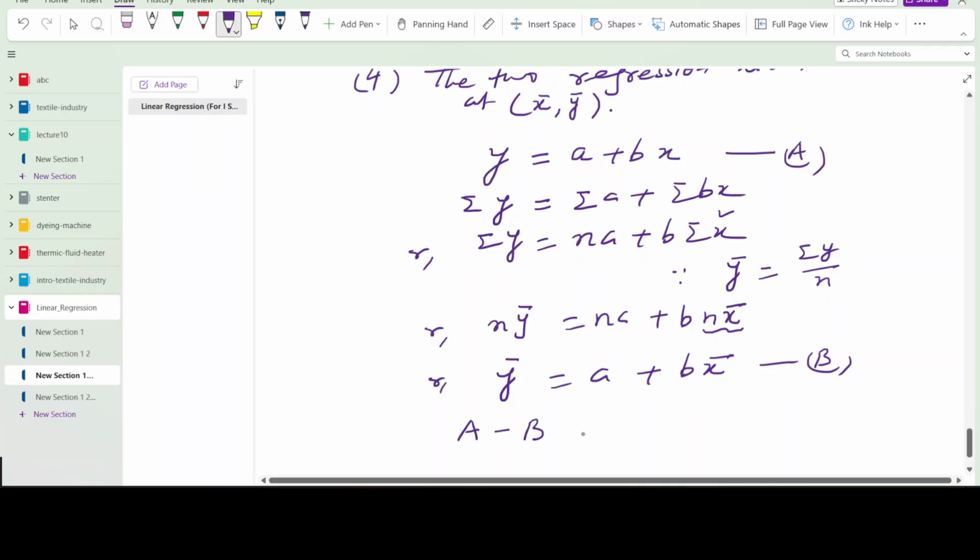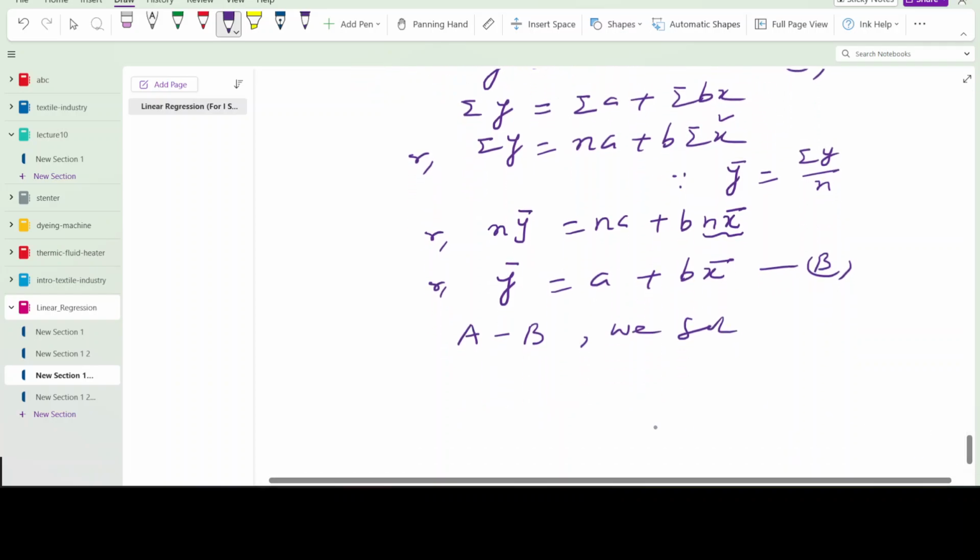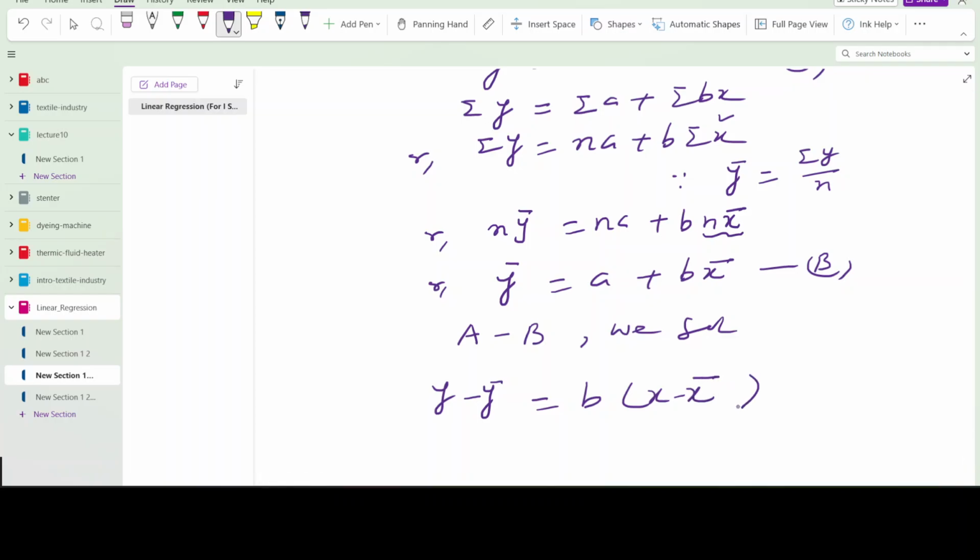Using A minus B, we get y minus y bar is equal to b (x minus x bar). Here the regression line is of y on x, so we can write b as byx, times (x minus x bar).